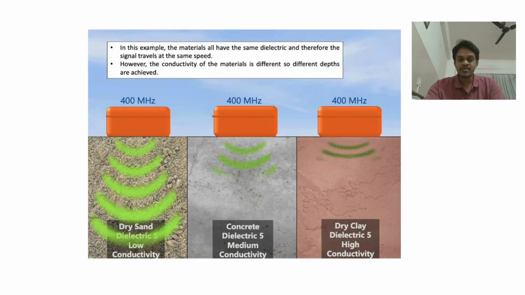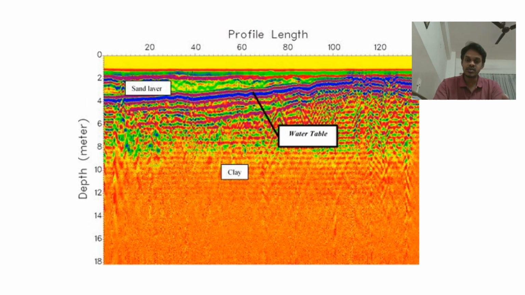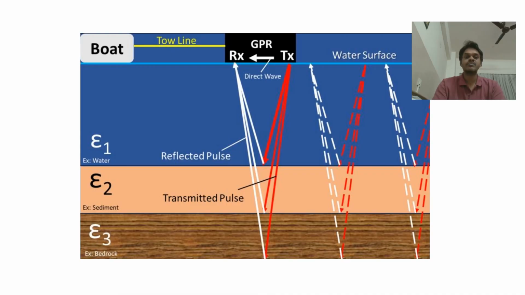But the problem is even worse because in real clay environments, sometimes the signals are very weak. They don't even come back to the instrument or the receiver. And beginners think, okay, no reflection means there is nothing underground. But actually, the signal loss may also indicate the presence of clay.